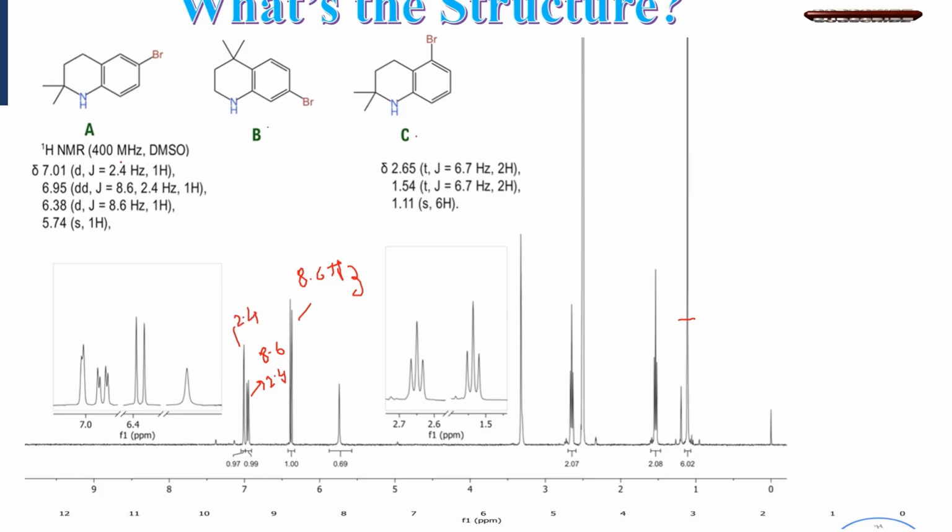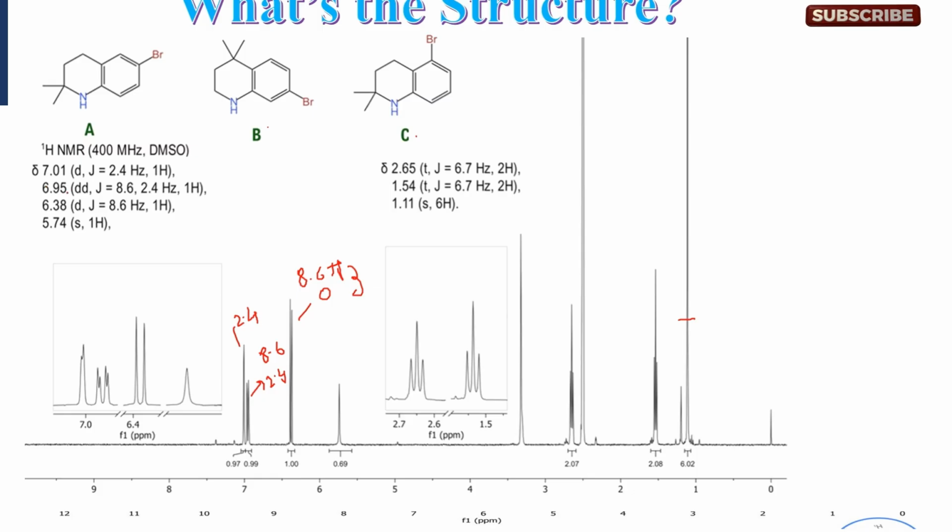With the help of these coupling constants, we can easily identify that the peak at 6.38 is split into a doublet, so it has one nearby proton that is ortho to it.